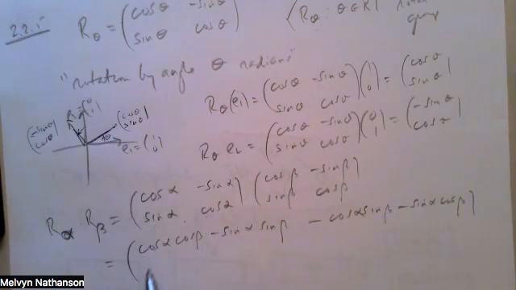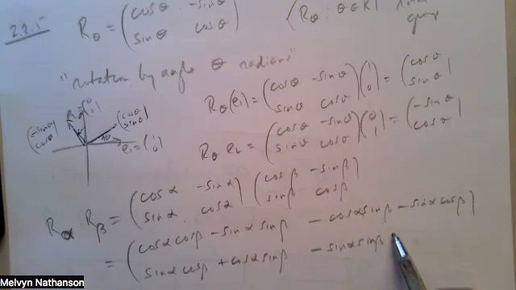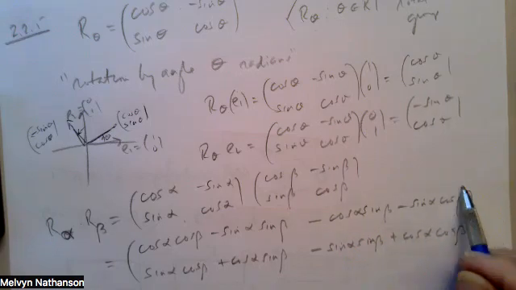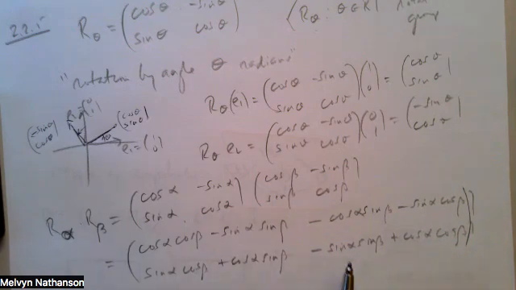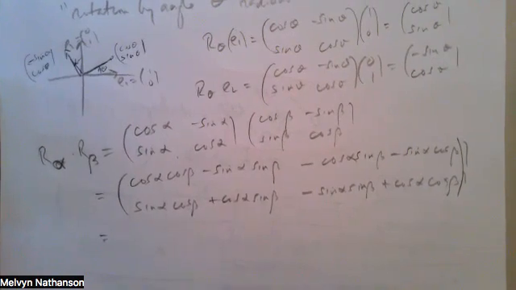And second row, first column, sine alpha cosine beta plus cosine alpha sine beta. And minus sine alpha sine beta plus cosine alpha cosine beta. And then you are expected to know trigonometry.